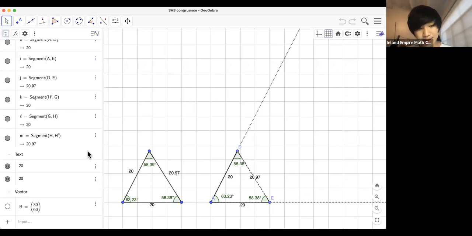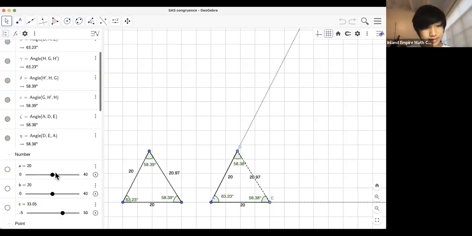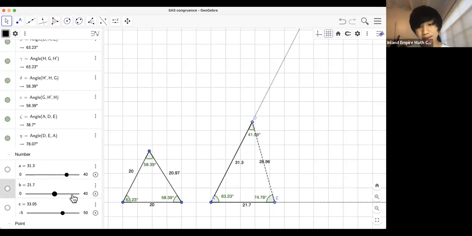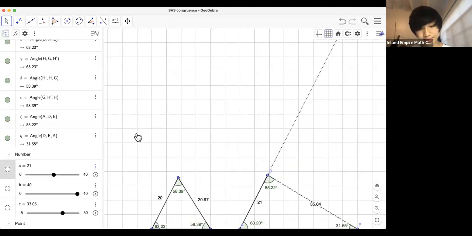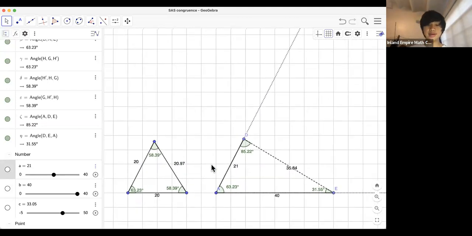Basically, we can adjust the length of this. Let's say we have an angle that is set in stone here. What can we do to these other lengths to make sure that it has the exact same angles and side lengths as this triangle right here?